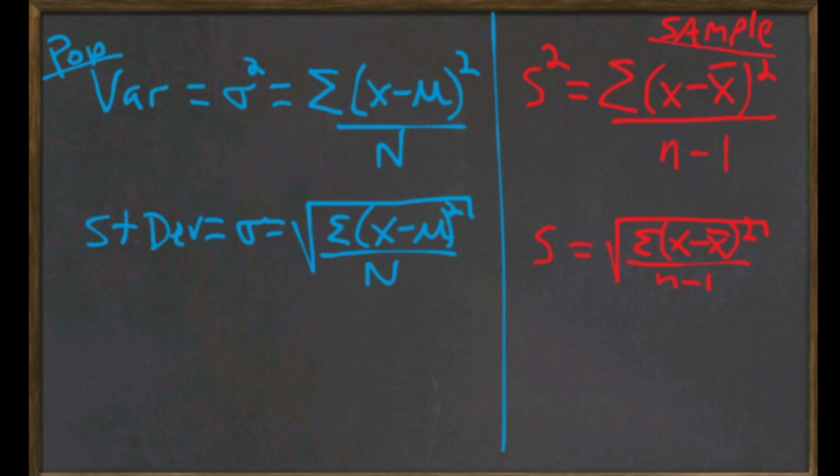Now, why do we go through the hassle of having to remember that? Well, it turns out that when we think about taking a sample from the population, if we were to use the population equation with the regular n there, we would tend to overestimate the variance and thus the standard deviation. And so dividing by n minus 1 brings us back into line with the variance.